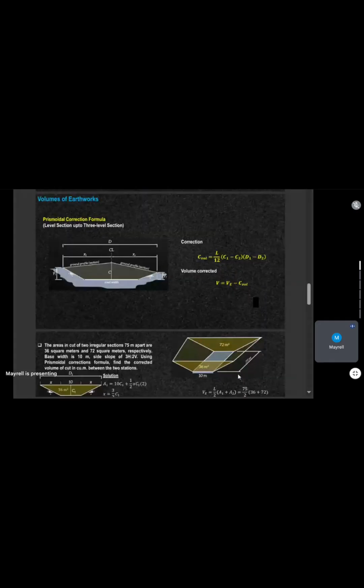So let's have an example. The areas in cut of two irregular sections, 75 meters apart, are 36 square meters and 52 square meters respectively.